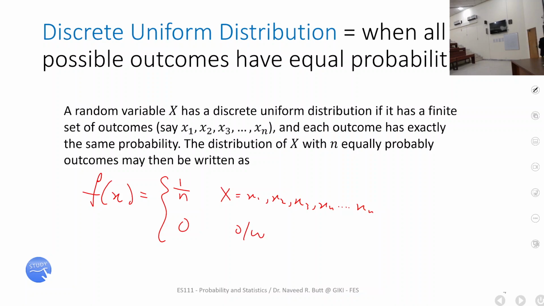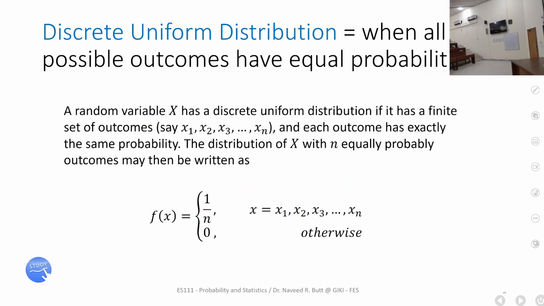So in general, this is the general formulation of a discrete uniform distribution, right? So n possible outcomes, all equally likely. If that is the case, then your random variable x will follow this distribution. Okay, right.